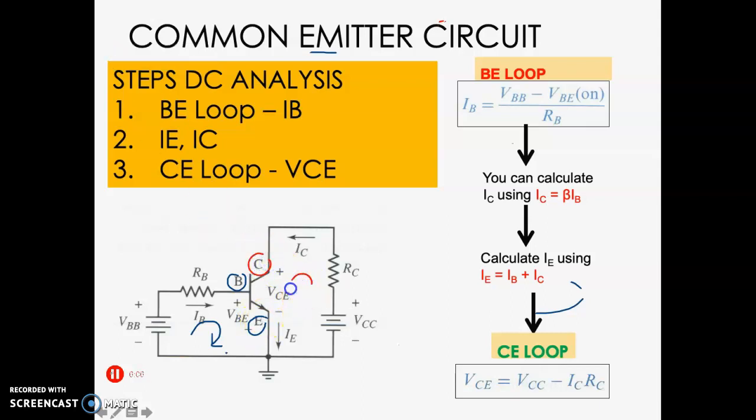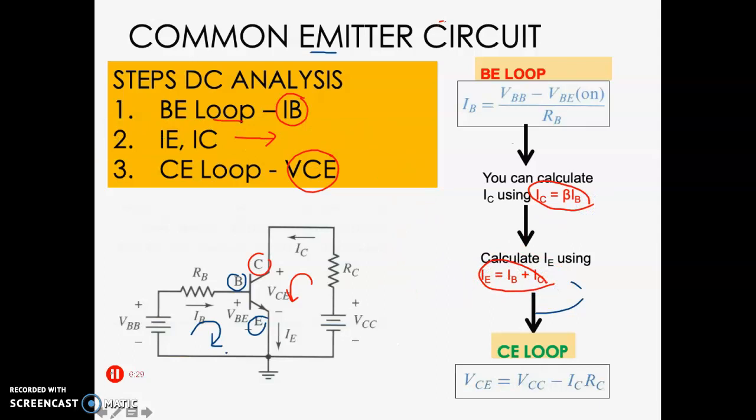In the BE loop, you are going to find the value of your base current, and then in the CE loop, you're going to find the value of the output voltage. How do you get your IE and IC? You just need to plug in the basic equations that we've learned before.